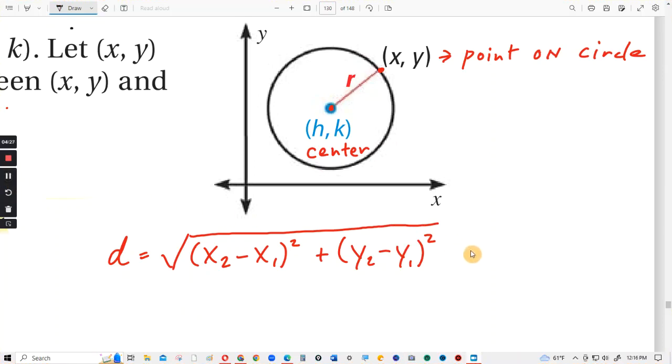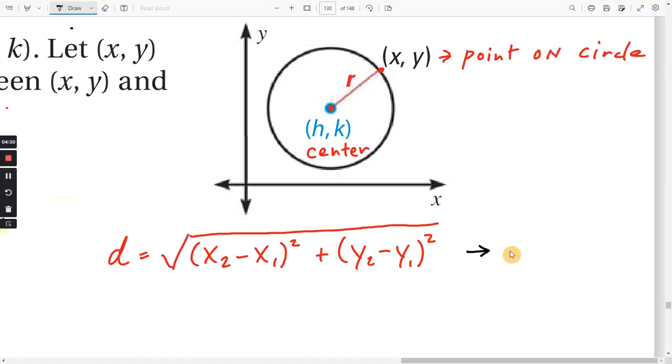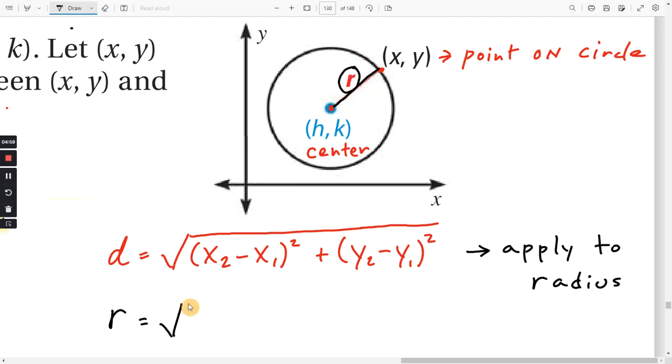So what you want to do for this formula is apply it to the radius. We know the length or the distance between these 2 points. We know the length of the radius is represented by the letter r. So in place of d, this distance right here is just r.